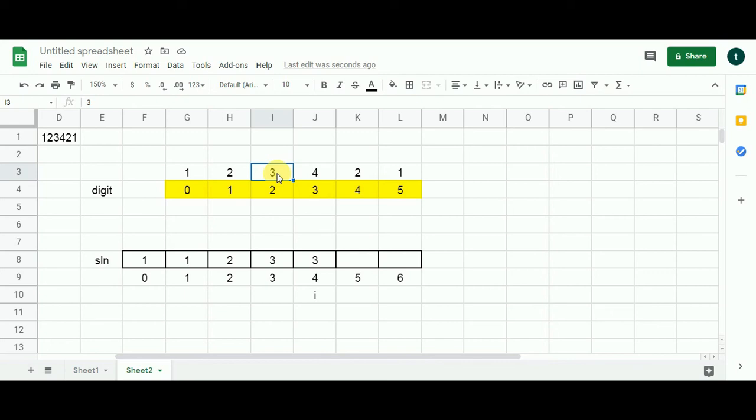So now we are sure that we are not going to get a new decoding from here. So this number is going to stay like this only. Nothing new will be added to it. So it will be 3 only, because here we were getting 34 and that is greater than 26. So it's not going to represent any alphabet and hence this value is going to stay as 3.